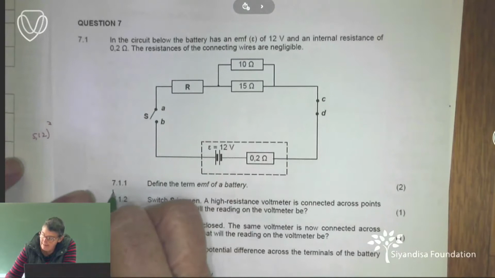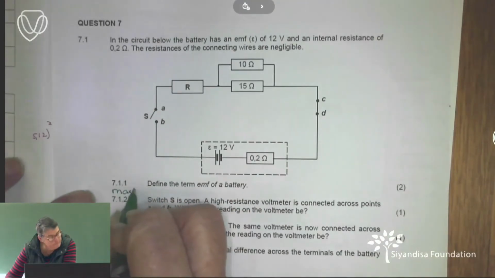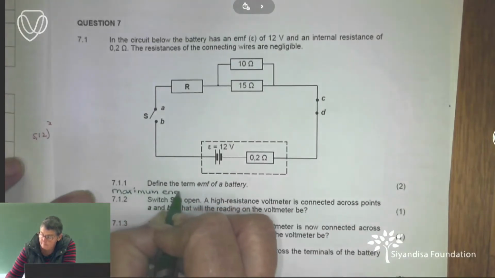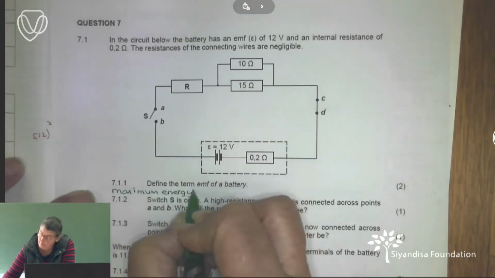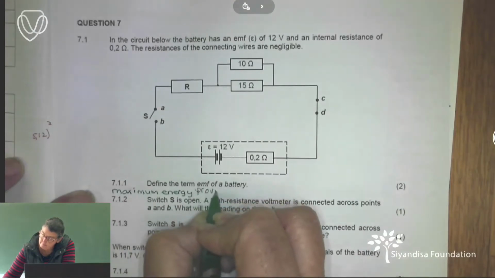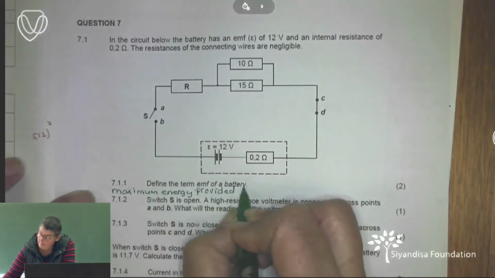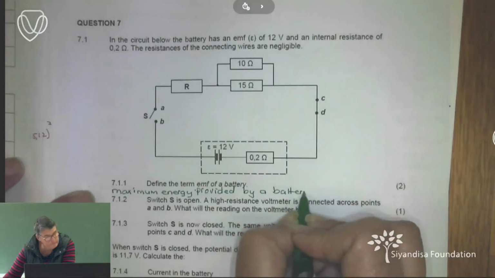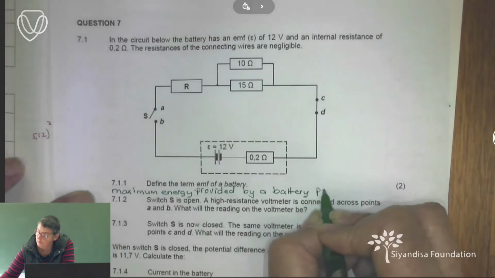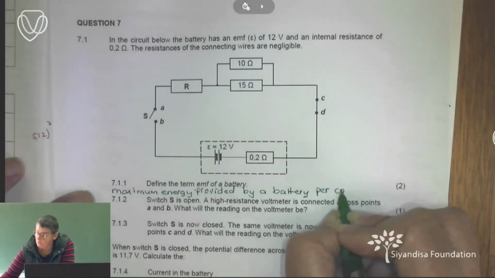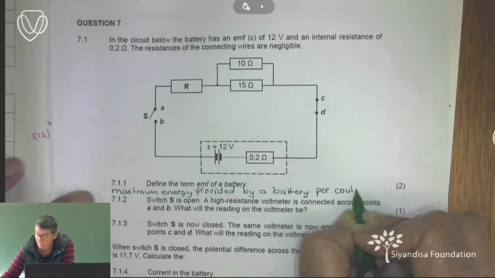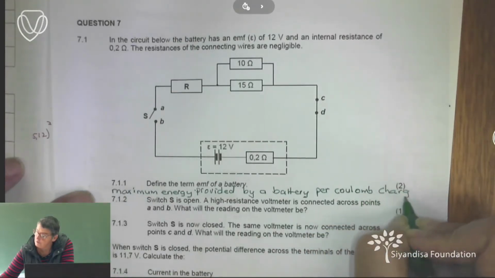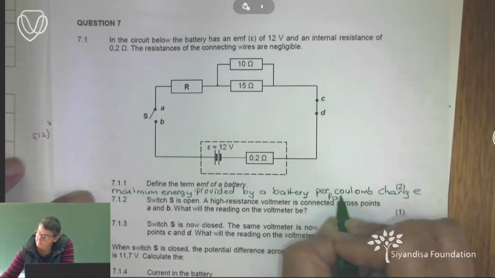It is the maximum energy provided by a battery per coulomb charge passing through it.